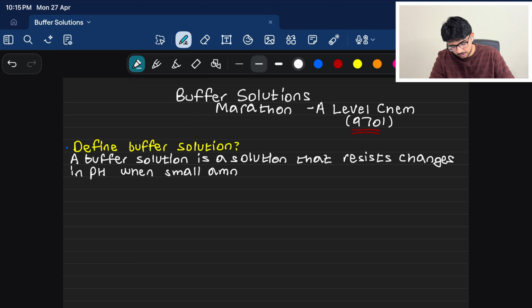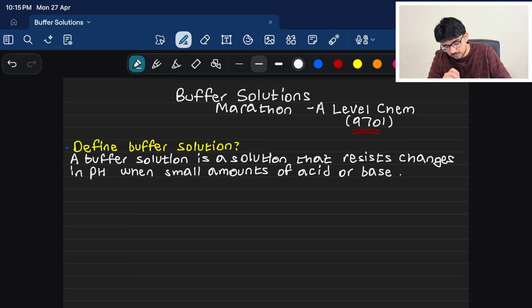So it's basically a choice, right? There can be questions wherein they add a small amount of acid to the buffer solution or they add a small amount of base to the buffer solution. So when small amounts of acid or base are added to the solution.